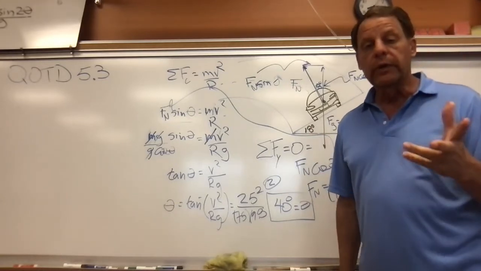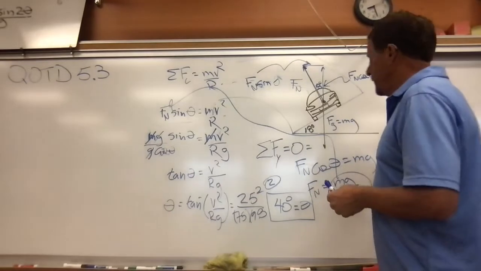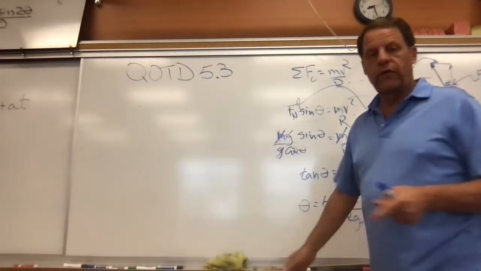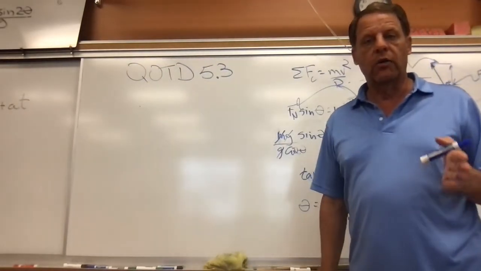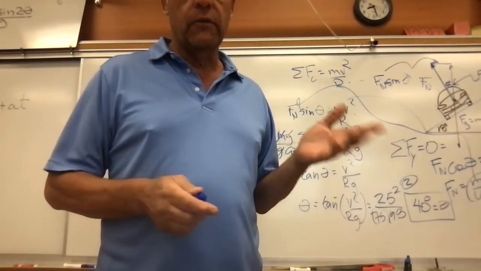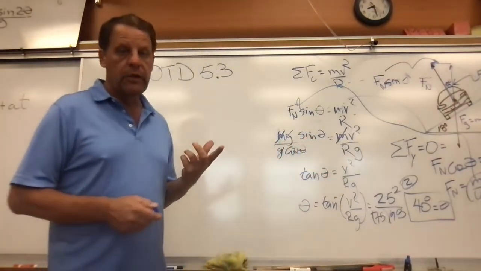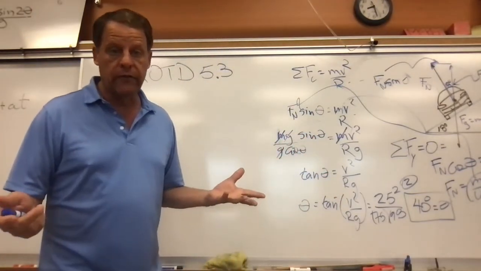Now for part 3, we're going to say, what if it wasn't a banked curve at all? What if you were just doing this on a flat curve? If you were doing this on a flat curve, then you'd have to rely on friction.